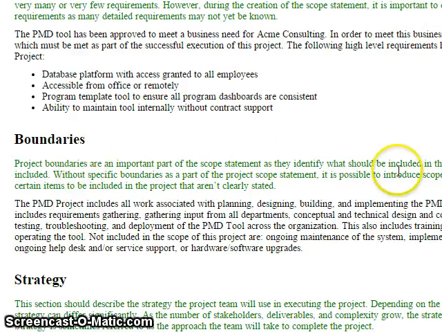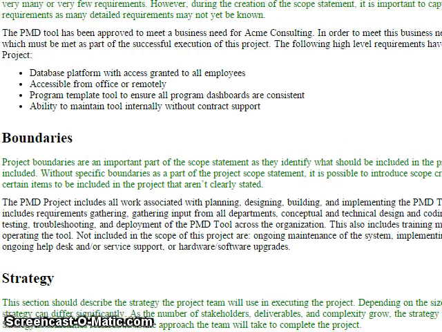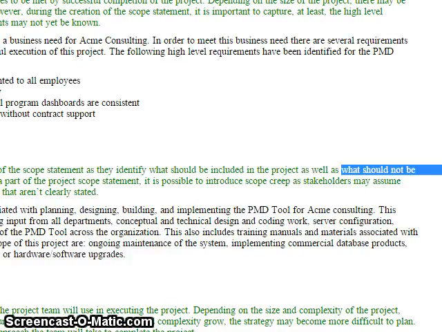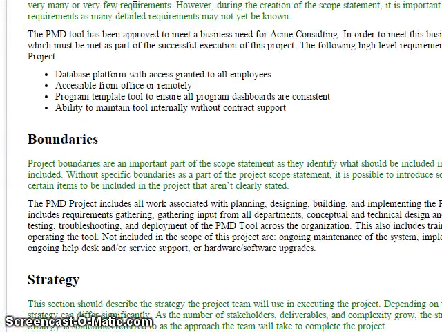So look at this. Boundary is basically telling us what should be included and what should not be included. So basically, I'm making an energy management system that just detects the current energy level, but I do not make the device that converts the solar energy.